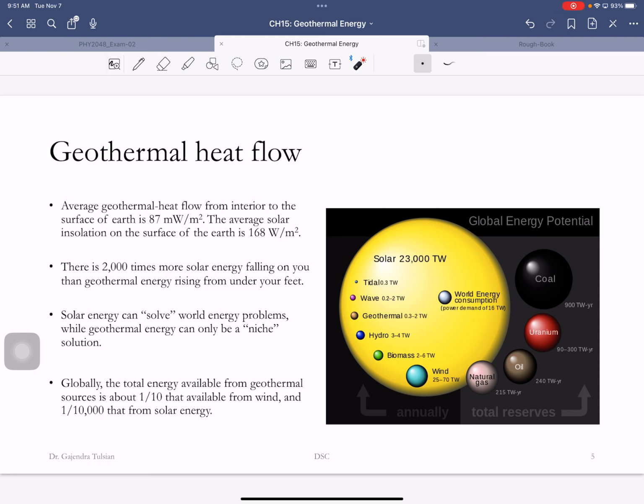How much solar energy is falling? 170 watts for every square meter on Earth is falling, and 90 milliwatts is rising up. Like I said, 2,000 times less. So solar energy can solve world energy problems, while geothermal energy can only be a niche solution. I keep repeating myself, but I just want to emphasize that.